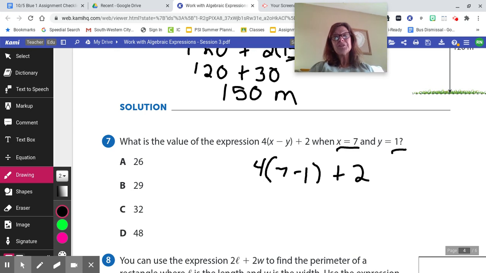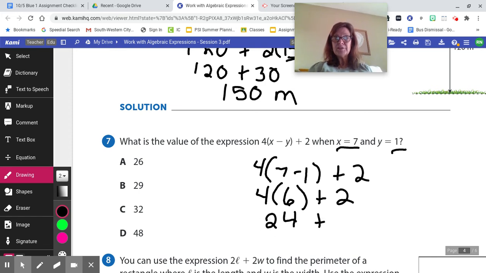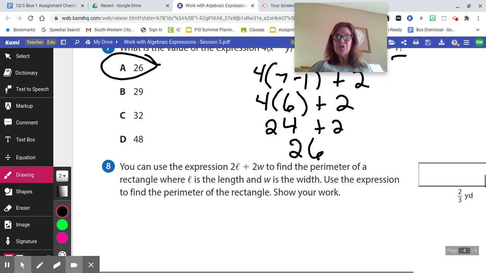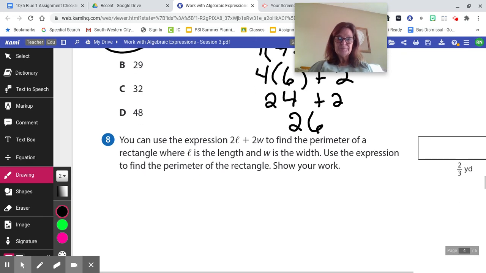Order of operations says I'm going to do my parentheses next. So I'm going to do 4 times 6 plus 2. Now I do my multiplication, 24 plus 2, and my answer is 26. Come over here and check it. There is my 26 answer. Hopefully you got that one. Let's go ahead and do the next one on your own and come back and check it.